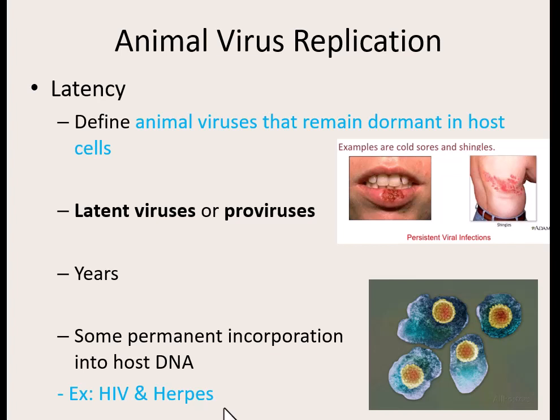So the virus is in the body right now, but it's not doing anything. They're called latent viruses or proviruses, and not all viruses can do this. There's one very unique group that I think we go through on Wednesday, the herpes group of viruses, that is known for going dormant.